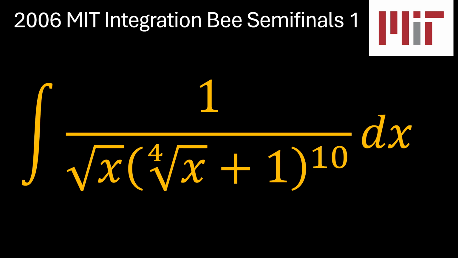Even if you try to plug this into Wolfram Alpha, it's just going to take a long time. I tried to do it and the answer wasn't really forthcoming. So let's see how we may be able to solve it very quickly.